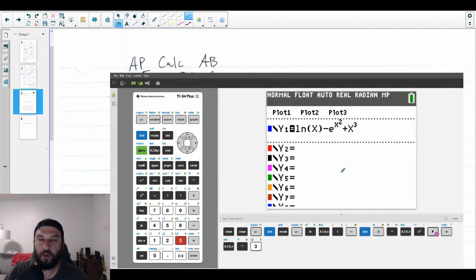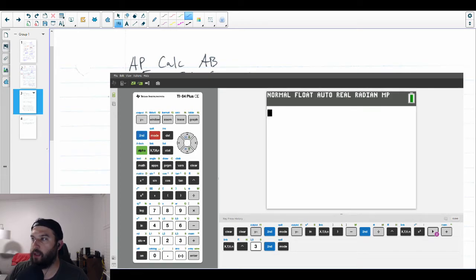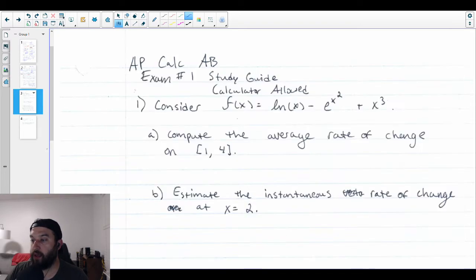Okay, so we're going to compute the average rate of change on 1 to 4. The easiest way to do that with our calculator, because we have this set in our calculator as y1 equals f of x, we're going to use alpha trace. We're going to do y1 of 4 minus y1 of 1 over 4 minus 1.